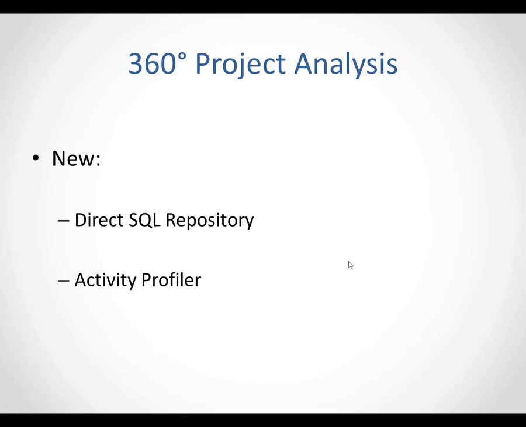It lists all Direct SQL statements you use in a project, gives you all the information, and parses the SQL statements as much as it can and tries to show you all the tables and table fields that you use. Activity Profiler, you will see, is a very nice feature that analyzes activity monitor logs and shows you a lot more than what you can see within Magic. So let's start with Direct SQL Repository.